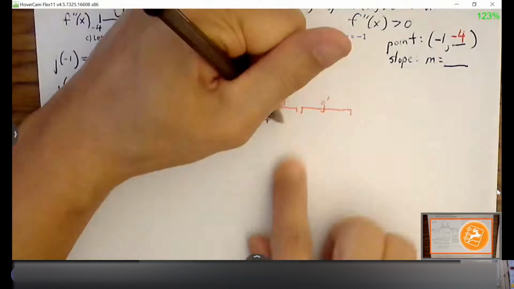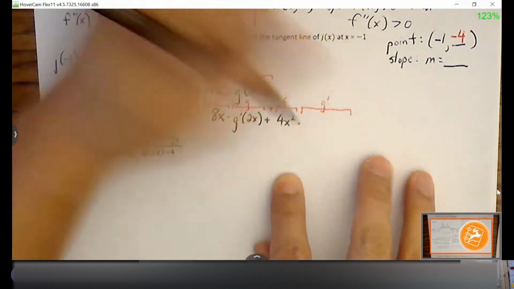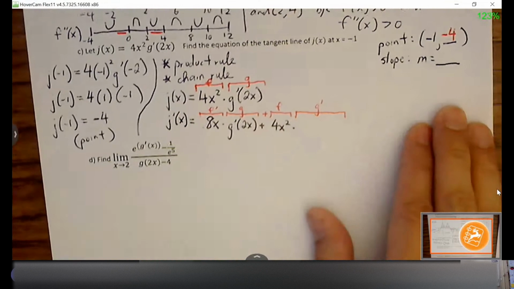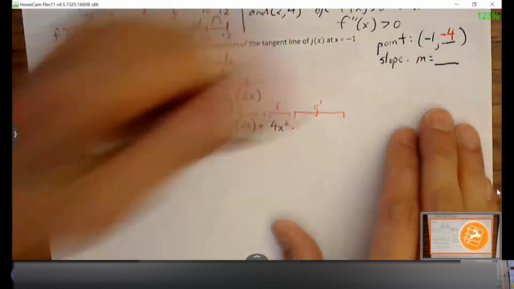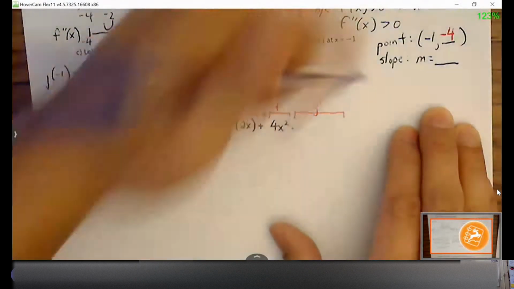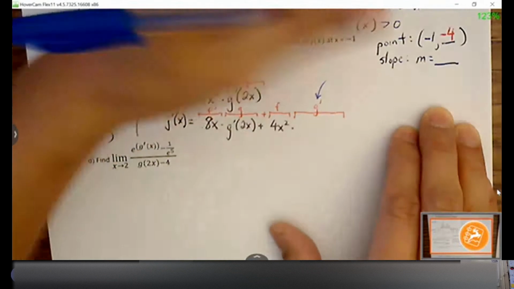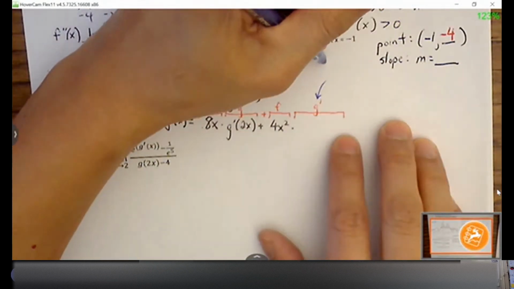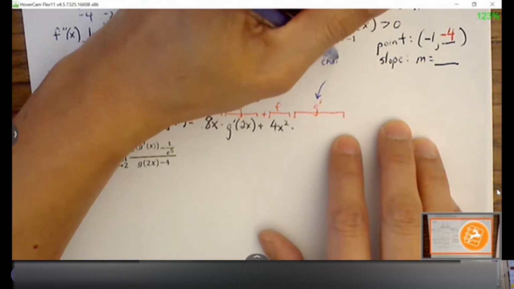Back to f, and then g prime. So what's g prime going to be? Yeah, the chain rule. G prime of 2x times 2. Close. Let's see here. We have to do chain rule.